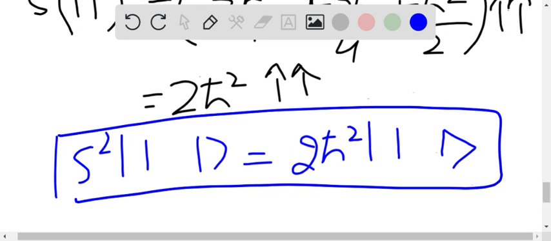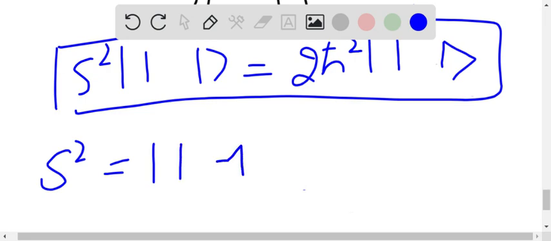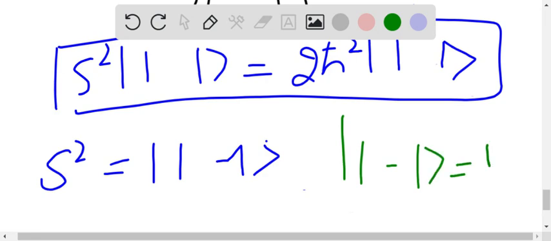Now we can show that S square acting on |1 negative 1⟩ is also an eigenstate, as follows. Remember from equation 4.177 what |1 negative 1⟩ is equal to.